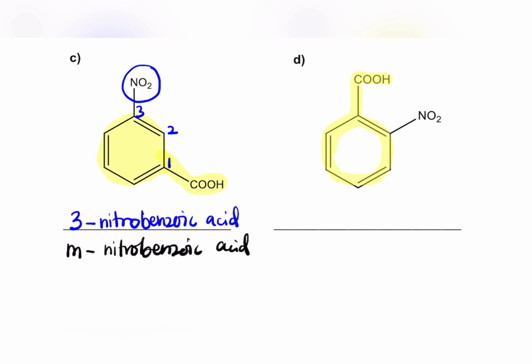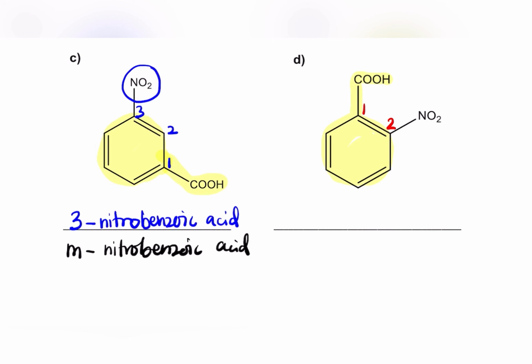And the last one, structure D, we got the same case for this one. The whole benzene ring attached to COOH, and this one will be my parent, and this carbon here will be carbon number 1, next to it number 2. And my substituent is NO2 group. We call it nitro at position carbon number 2.